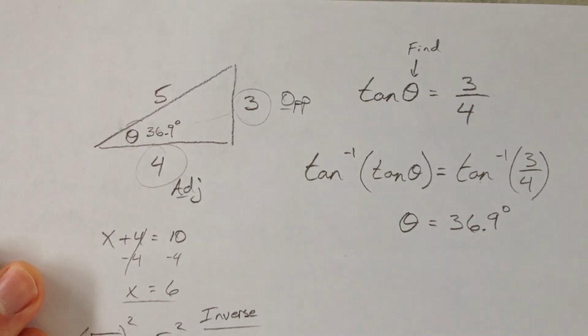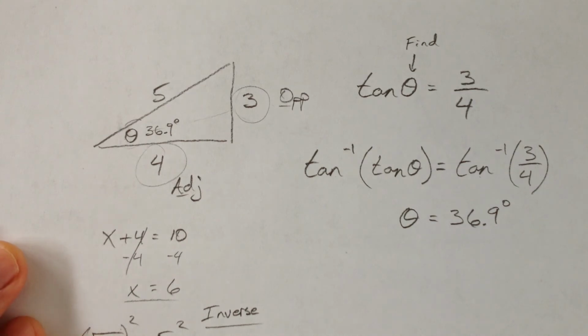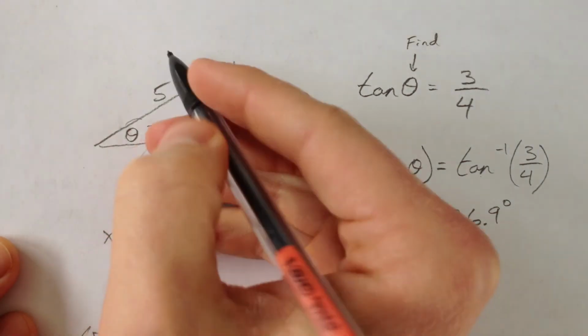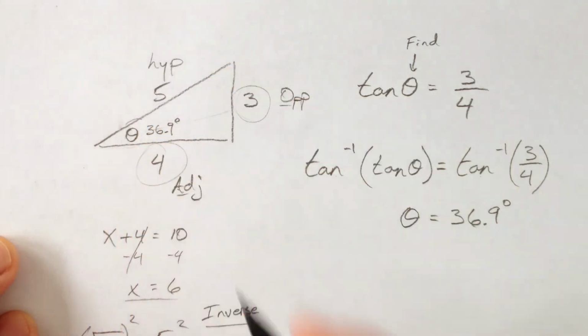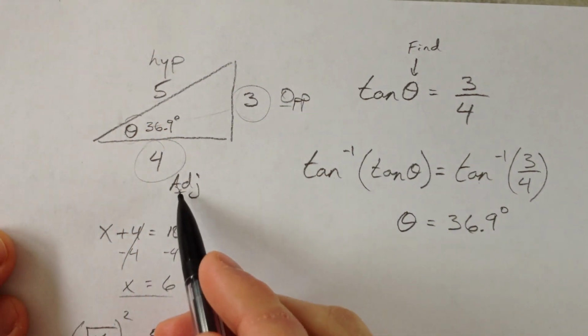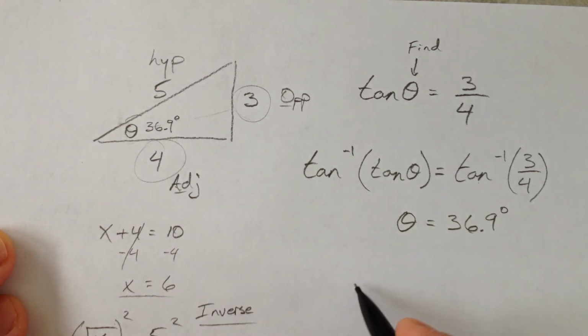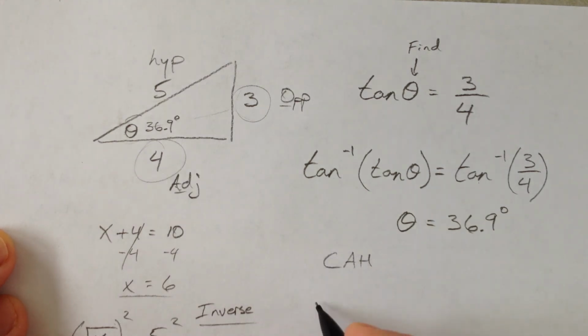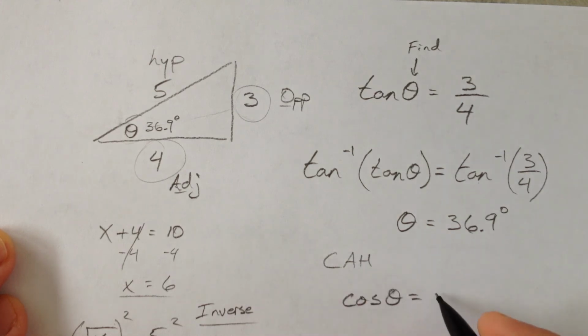Now you could have used a different one to get there as well. We could have used our 4 and our 5, but that would have used adjacent and hypotenuse, and that would have dealt with the A and H. A and H deal with the CA part. So we would say cosine of some angle is 4 over 5.